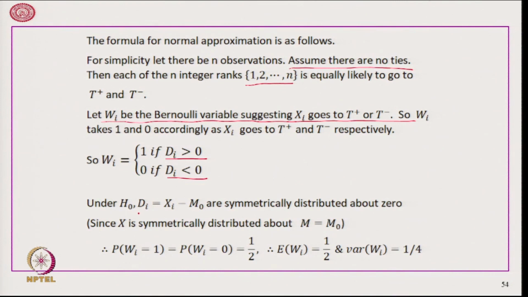Under H naught, the median is equal to m naught, so xi minus m naught is symmetrically distributed about 0, since x is symmetrically distributed about m equal to m naught. Therefore, probability Wi equal to 1 is equal to probability Wi equal to 0, which is half. Therefore, the expected value of Wi is half, and the variance of Wi is 1 by 4, which we know from the definition of Bernoulli random variables.